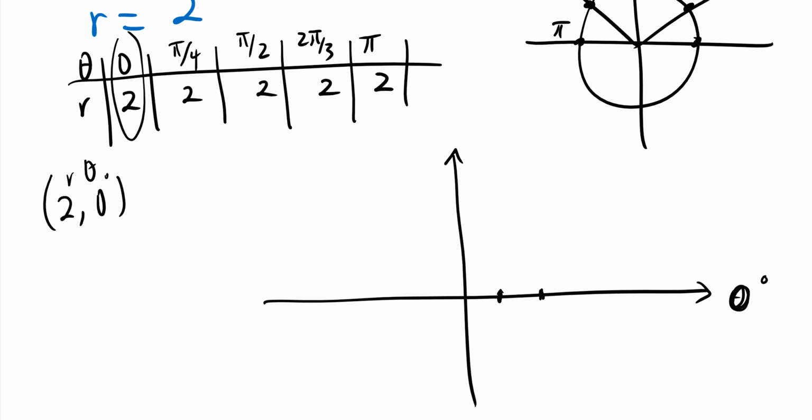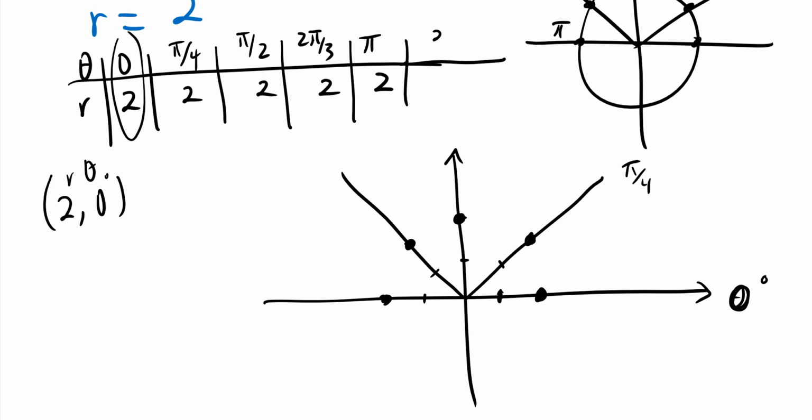The next one is pi over 4 comma 2. So we go pi over 4 as we did before, and 2 on this. The next one, pi over 2 and 2, then 2 pi over 3, 2, pi, 2, and then we can continue. If you take 3 pi over 2, which is down there, r is 2.